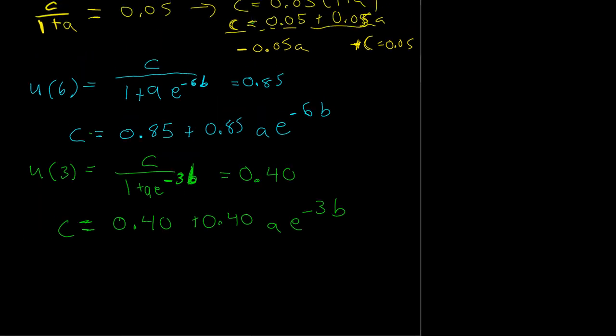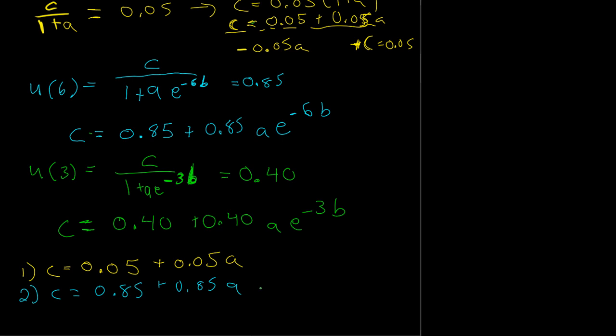So equation number 1, C equals 0.05 plus 0.05A. And equation number 2, C equals, where is the other one? 0.85 plus 0.85A e to the negative 6b.